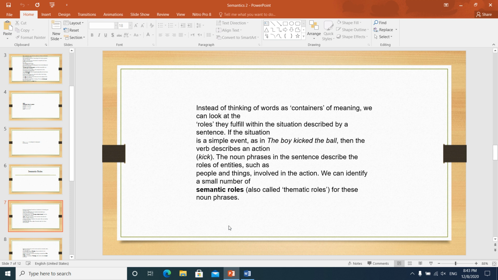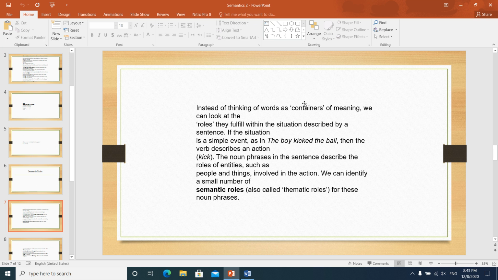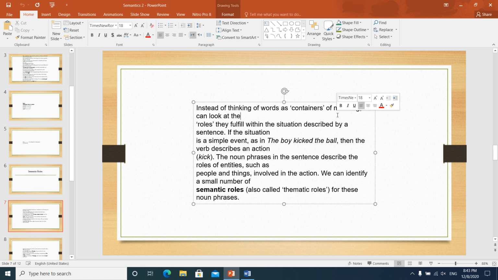This is the idea. Always we look at words as having meaning. But actually they play a role. What is the meaning of boy, by the way? It has meaning. We go to the dictionary and check the meaning of boy: noun, singular, minus adult, plus human, right? That is what we talked about a little while ago. That is what we mean by containers of meaning, a meaning that we can check in a dictionary.